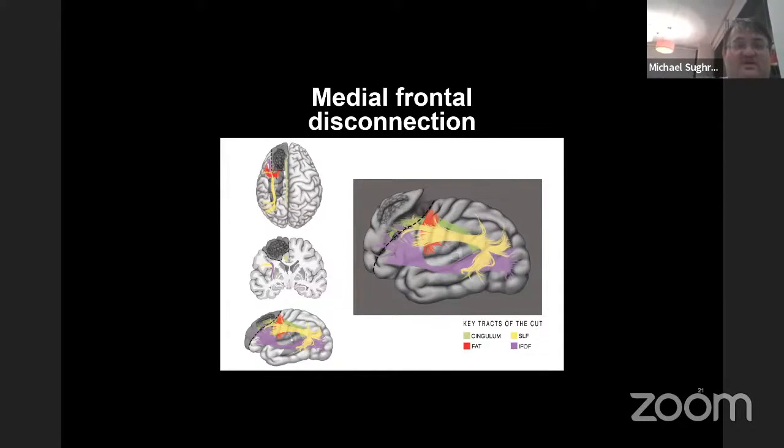That's critical. You also notice that we save the orbital frontal region. That's not in there. Now, sometimes you remove the orbital frontal cortex because it has cancer in it. But why would we remove most of the frontal lobe all the way to the frontal pole in this disconnection, but leave the orbital frontal cortex? There are 2 basic reasons.